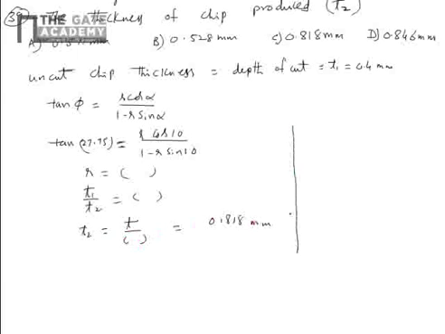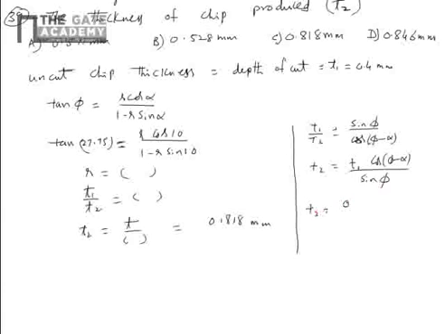There is another method for chip thickness ratio: T1 by T2 equal to sin phi by cos of phi minus alpha. Substituting, T2 equal to T1 cos of phi minus alpha divided by sin phi. So T2 equal to 0.4 times cos of 27.75 minus 10 divided by sin 27.75.